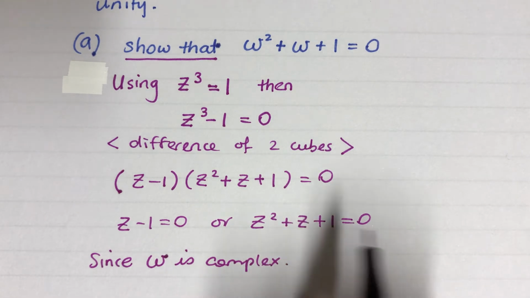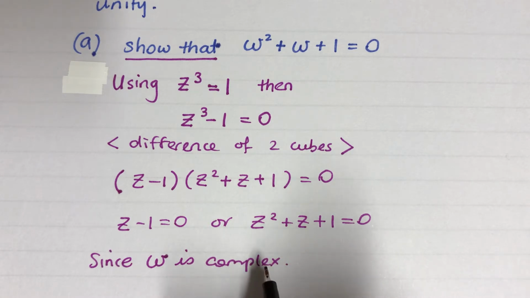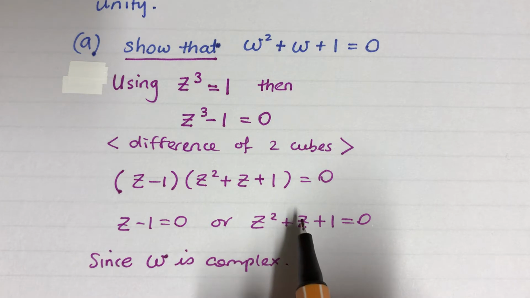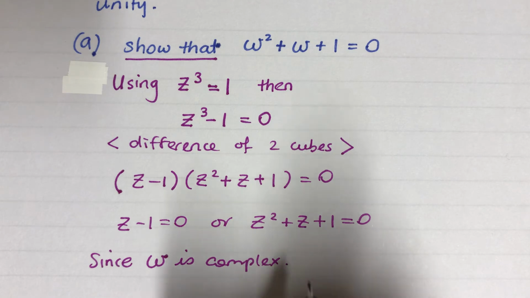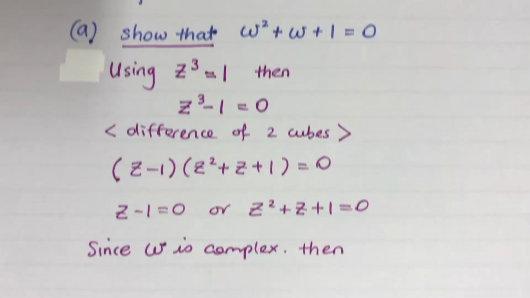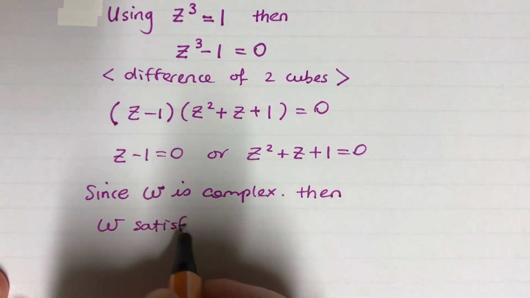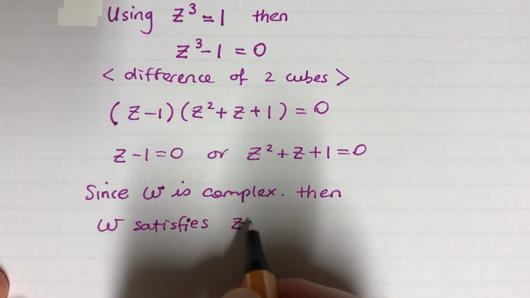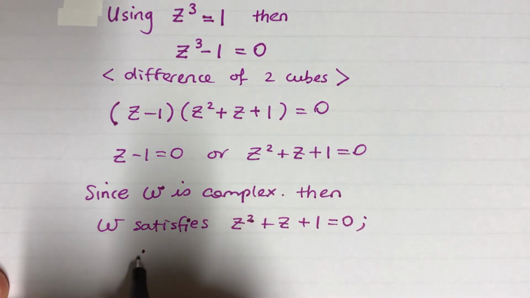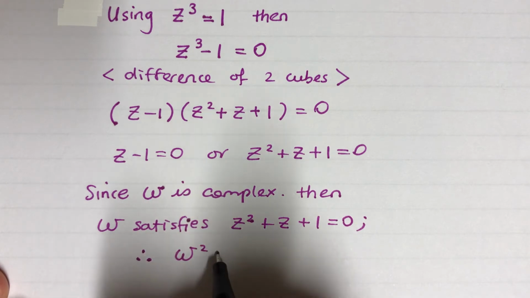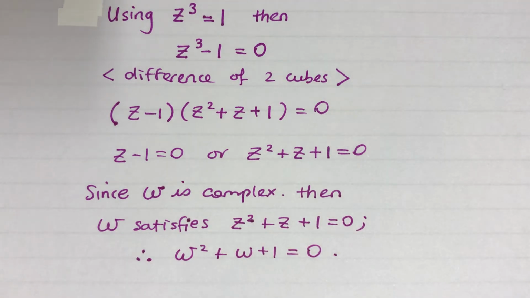Because the discriminant will be negative. 1 squared minus 4ac will be minus 3, so you will get a complex number. Therefore, omega satisfies z squared plus z plus 1 equals 0. Therefore, omega squared plus omega plus 1 is 0, as we require there.